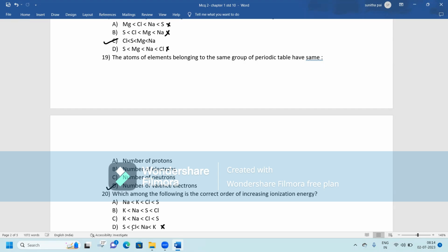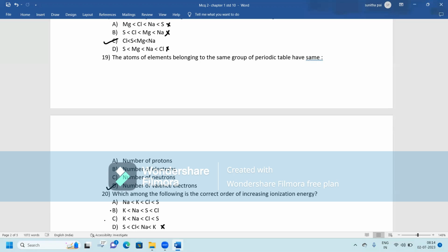So this is not the answer. I'm eliminating option D. Now, out of sulfur and chlorine, chlorine is the one having the smallest size. So we suspect that B could be the answer.